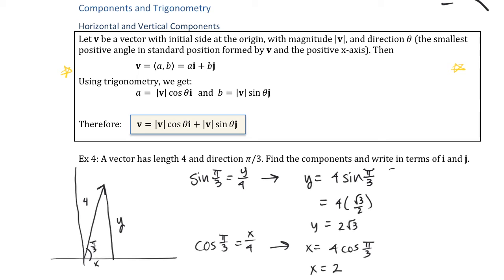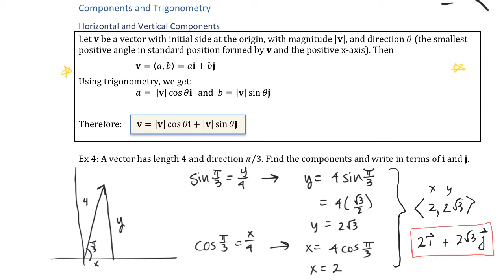All right, and then putting that together, I could name my vector, I could either write it as 2 and then 2 root 3, right, our x and our y component. That's one way to write it, or we can write it as 2 in the horizontal direction plus 2 root 3 in the vertical direction.